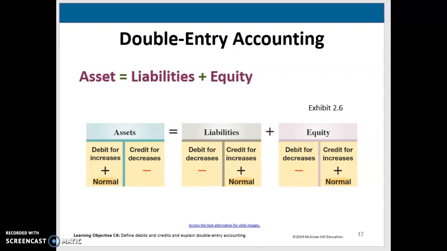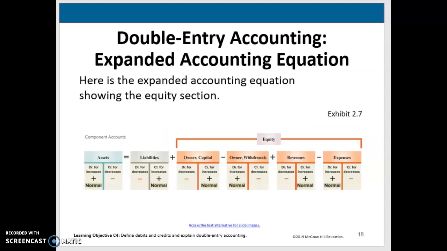What we're looking at here is that assets are going to increase with a debit, and they're going to decrease with a credit. We're also going to see that liabilities decrease with a debit and increase with a credit. Equity is a little misleading because it depends on the type of equity account, and I'll show you that in the next slide.